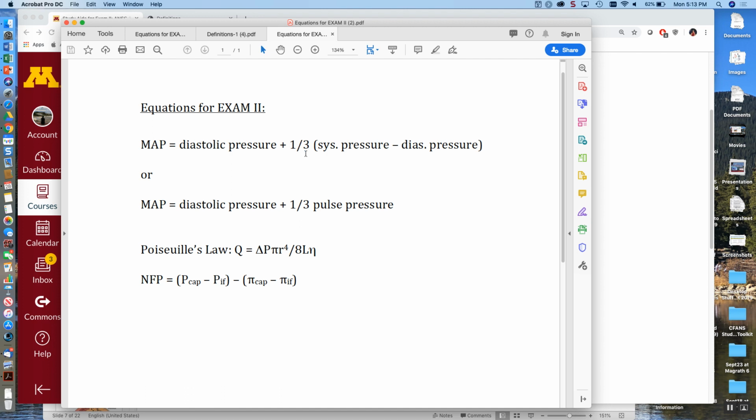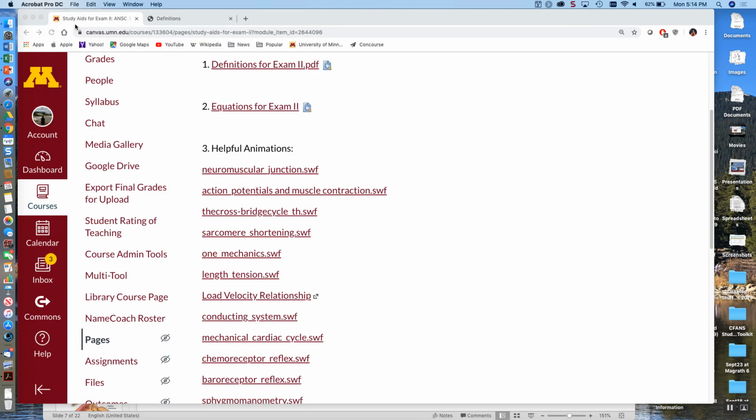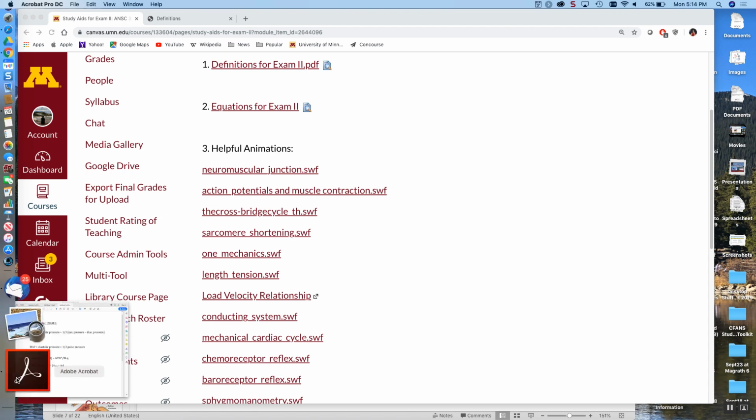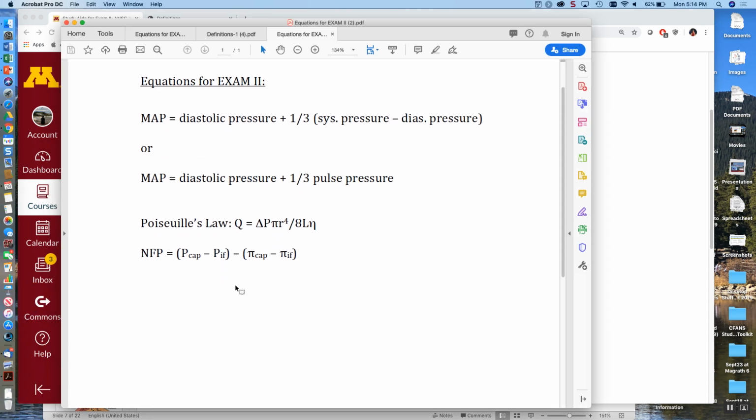The reason why it's 1/3 is the heart is in diastole longer than it is in systole at rest, right? Okay, so how do you calculate cardiac output? Heart rate times stroke volume. Notice that that's not on the equation sheet though. It's part of Ohm's law. Just remember cardiac output is equal to heart rate times stroke volume.